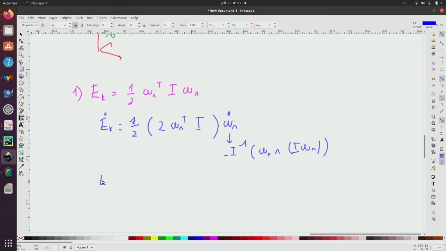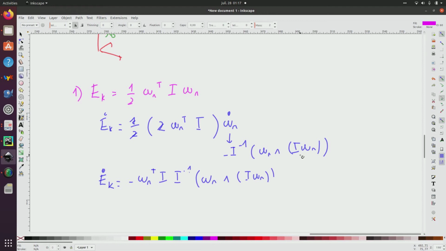So I conclude that this is equal to minus omega transpose I, multiplied by I inverse, multiplied by omega r vector product I omega r.